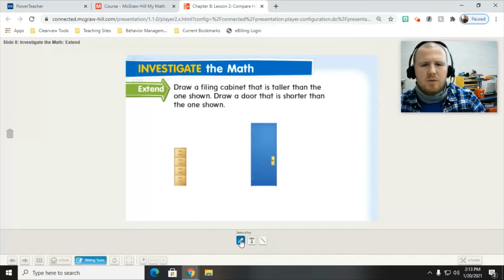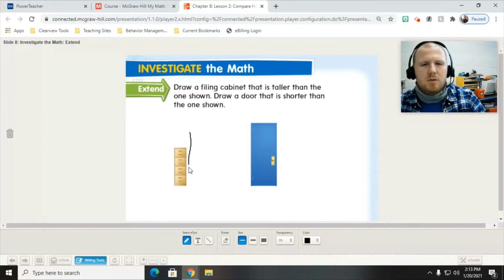Let's get our writing tools out. And so I'm going to draw one like this, and then draw 1, 2, 3, 4, 5 shelves. So I have 1, 2, 3, 4, 5. I even have 6 on there. So this is taller than the cabinet. Now it says draw a door that is shorter than the one shown.